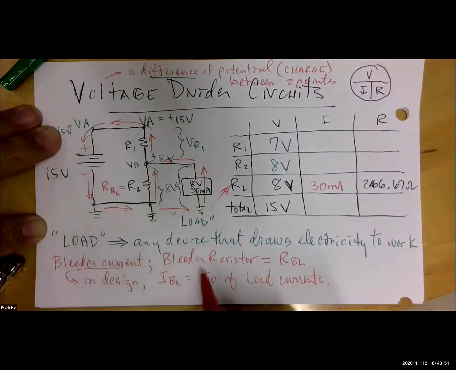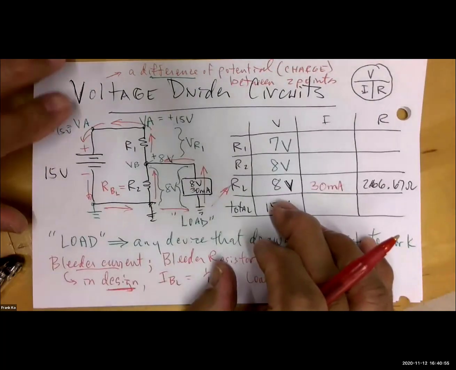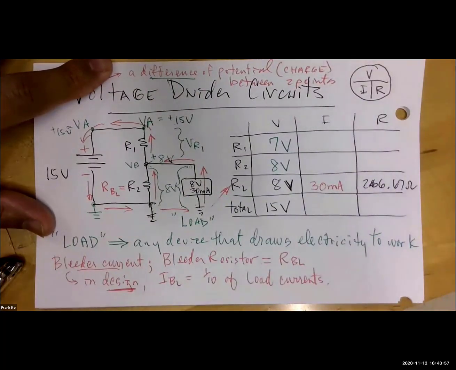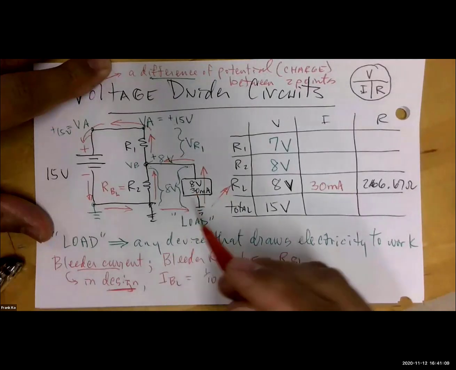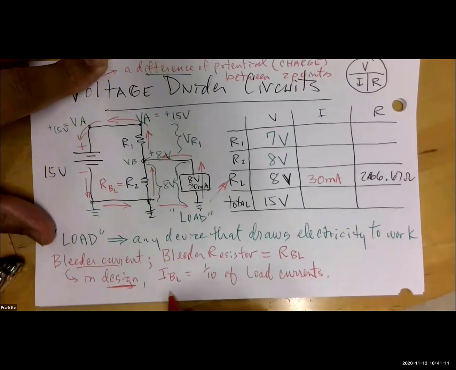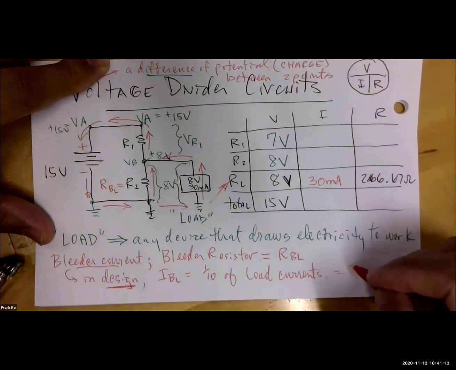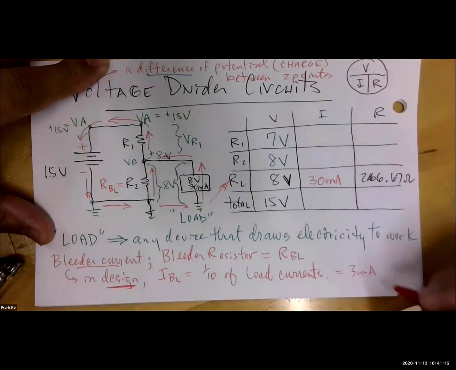So in designing a good voltage divider circuit, the rule was that the bleeder current should be 1/10 of your total load current. You're given one load, and the load current is 30 milliamps. 1/10 of that is 3 milliamps, so your IBL in this case is equal to 3 milliamps.